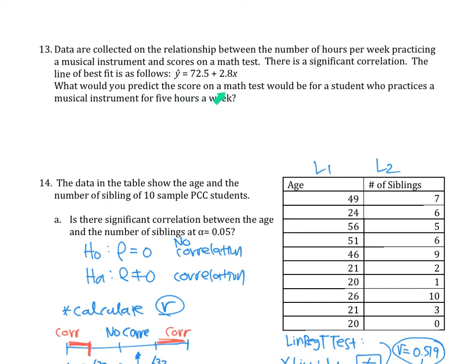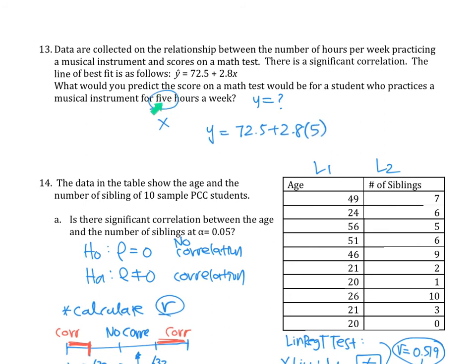What would you predict the score on the math test would be for a student who practices a musical instrument for 5 hours? So this is my x value. They're asking for the prediction for the y value. So I'll use the equation 72.5 plus 2.8x, and plug in 5 for x.